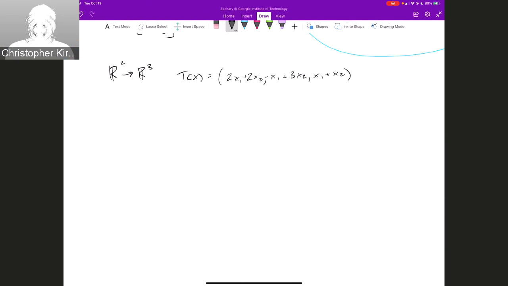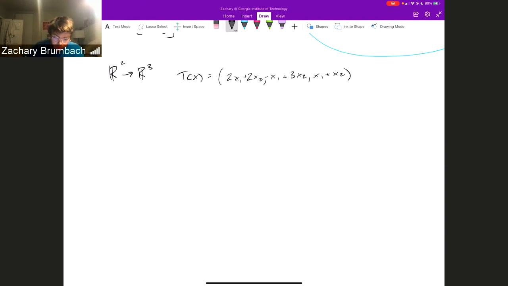Which of the following describes all x so that T of x equals 0? From this, I would make my matrix. We're going from our x being in R2 to our b being in R3, resulting in 2x1 plus 2x2, negative x1 plus 3x2, x1 plus x2.